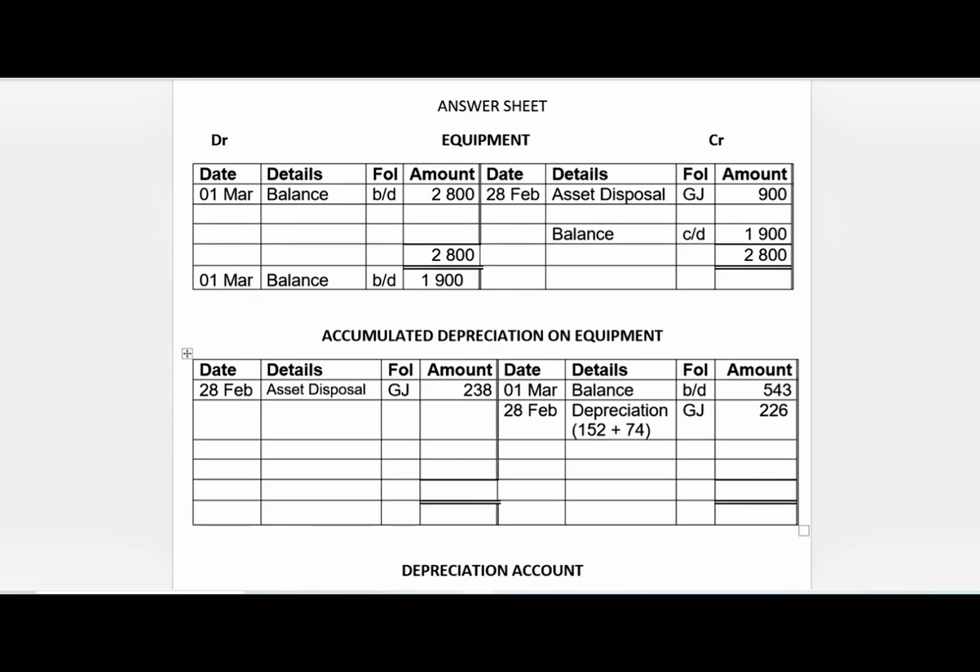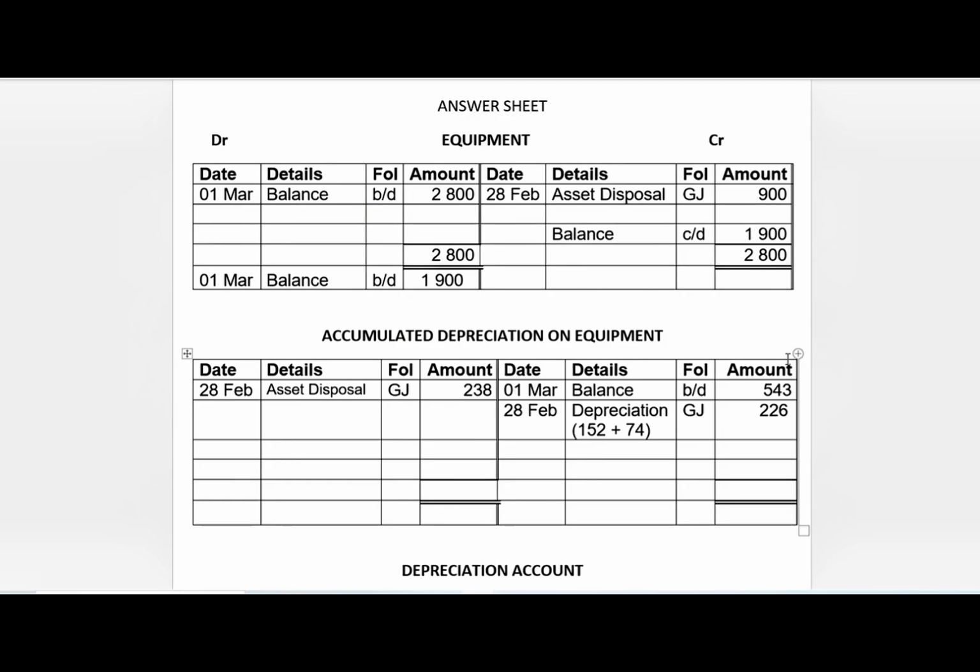And then we are done. We no longer have any other depreciation. So what we need to do is to close off this account. When we close off this account, we're just going to check which side is bigger. Obviously, when we check, the bigger side is the credit side. So we're just going to add the credit side together, which is going to be 543 plus 226.